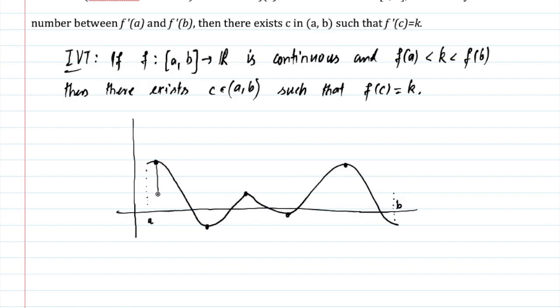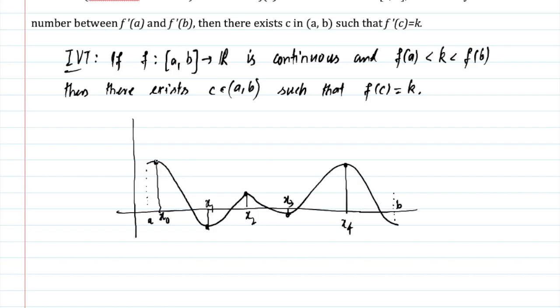So the height of this point from the x-axis is the functional value f of x0, and similarly this height is the value f of x1, and this height is the value f of x2, and this height is the value f of x3, and this height is the value f of x4.